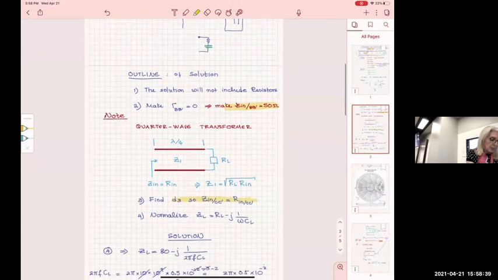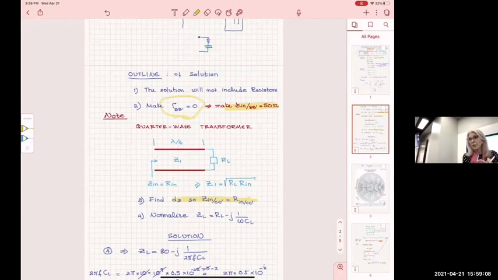So you see, one, first of all, that will not include resistors. That's part of the understanding, all right? If you are to include resistors in a matching problem, you are going to lose all the time. So no resistors in any matching problem. Then I want to make this equal to 0. That's where I started thinking, how am I going to make that equal to 0? And then I remembered the quarter wavelength transformer because it's an easy solution.